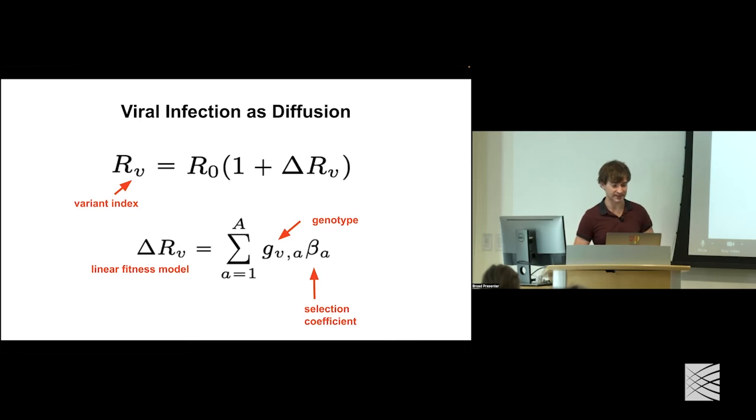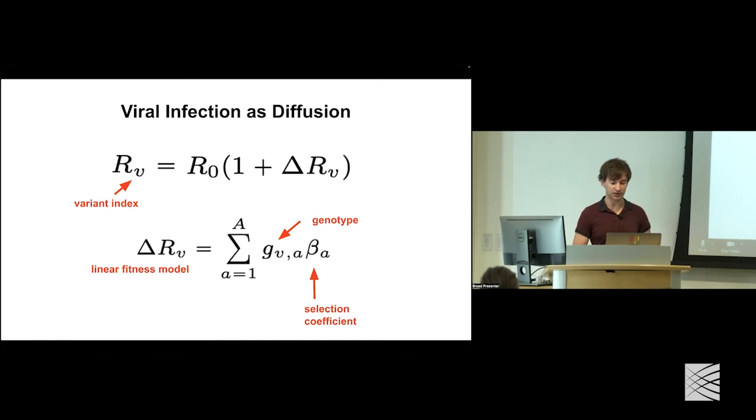We're going to make the simplest possible assumption, which is that of a linear fitness model. And so we're going to introduce selection coefficients beta, capital A, many of them. In the following, A will be about 3,000, right? So we have about 3,000 selection coefficients, one for each of the 3,000 alleles that we observe in our surveillance data.